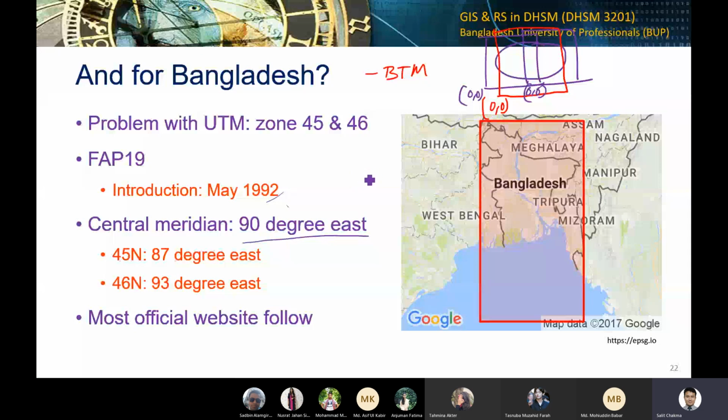However, it's a local coordinate system which is based on a global datum. This is very interesting, because local coordinate systems are usually based on a local datum, but this one uses the global datum WGS84.